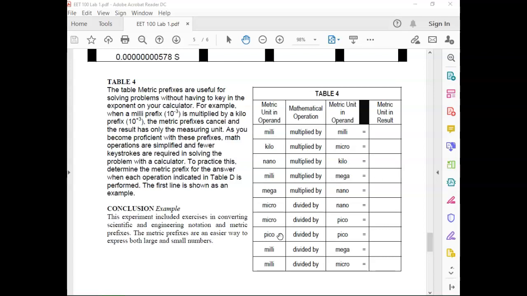So let's look at the divided bys. Here we have pico divided by pico. And I said when we do divide, we what? Subtract. You subtract those exponents. So what is the thing that you need to make sure you don't do?